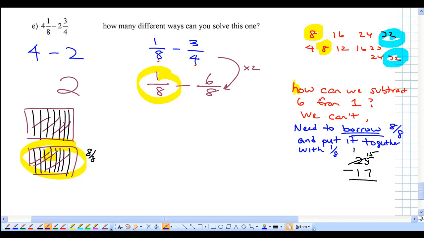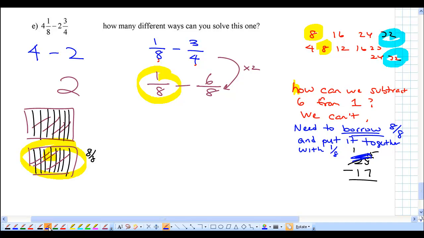Okay? This is very confusing, I understand. I'll show you one other way to do this afterwards, if you don't like this confusing borrowing way. Okay? Yes. Is it 1 3/8? We'll find out. Okay.